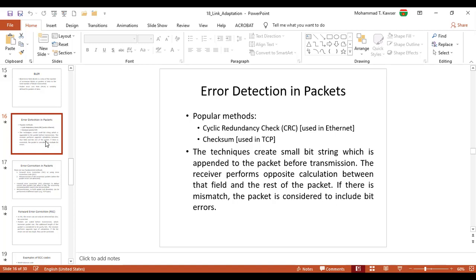The total capacity of bit rate you are using for transmission, but some of the packets you are retransmitting. So the overall data rate will actually degrade, right? Just assume that if every packet is transmitted twice, then the actual data rate will be half of what the capacity of the link is.